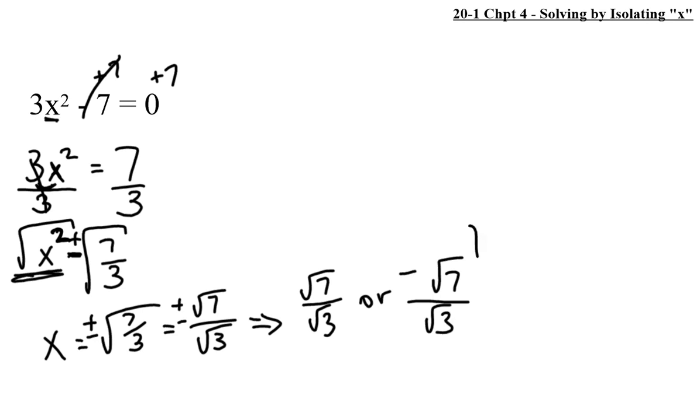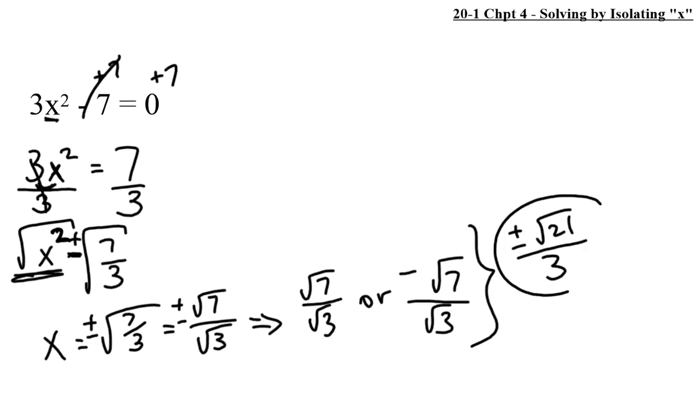Now, this way of writing is not fully acceptable, but it is right now. Some of you might come across a question and it doesn't look like this. Another way to write this would be positive or negative root 21 over 3. We're going to talk about this in another unit.